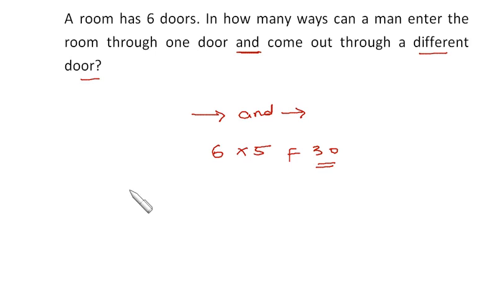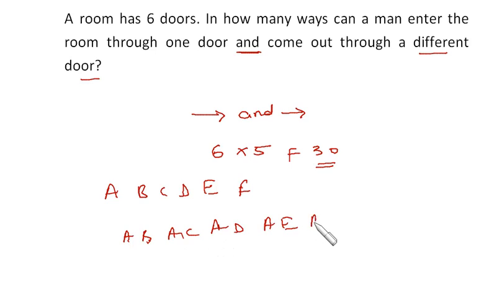And manually, suppose I have to show this. I have A, B, C, D, E and F, 6 doors. So he can come by A and go by B, A C, A D, A E, A F. Similarly, BC, BD, BE, BF.